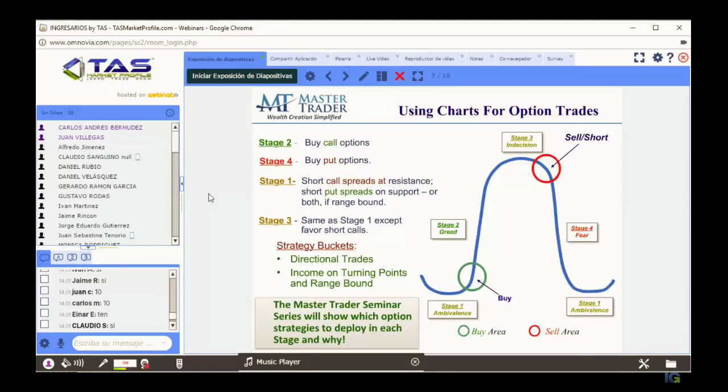In stage 2 uptrends, we refer to that as our directional, long, bullish environment where we are very bullish on the stock pattern and the task alerts, and we want to deploy the option strategy that gives us the highest return on our trade. In stage 4, which is the downtrend, it is the opposite.